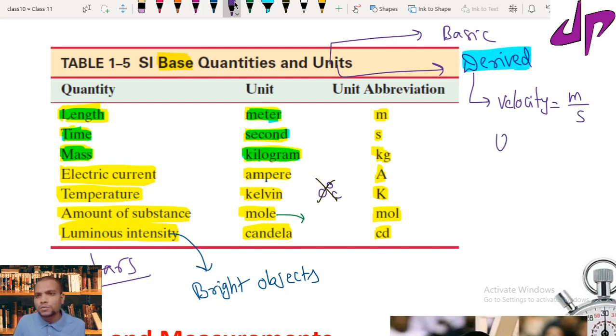Now the velocity unit, what can we write? The unit of velocity, meter per second. This meter per second is the unit of velocity, and this is not a basic unit. This unit we derived here, so we call this a derived unit.